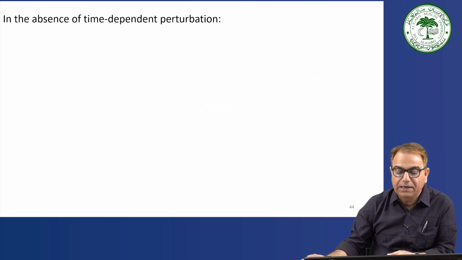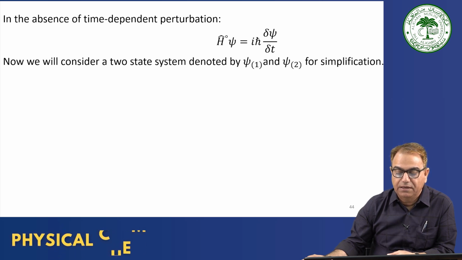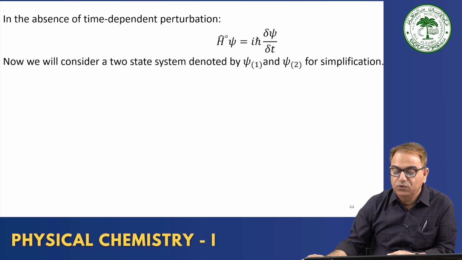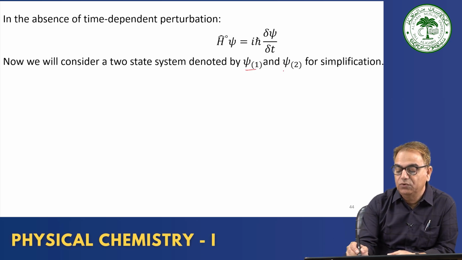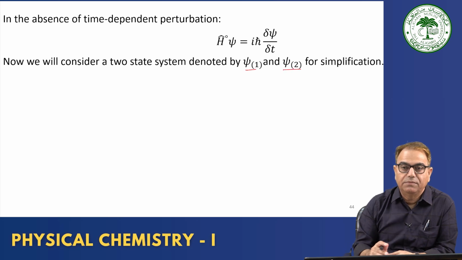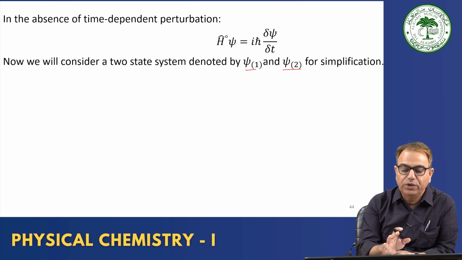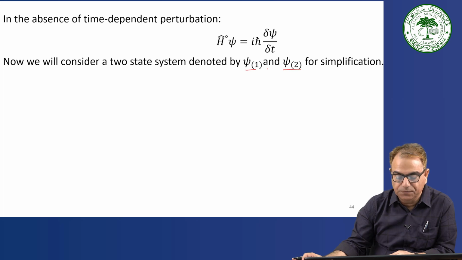In the absence of time dependent perturbation, H naught psi is equal to i h cross del psi by del t. Now we will consider a two-state system. If you have a two-state system denoted as psi 1 and psi 2, we are omitting the possibility that there are many different energy levels. We are just sticking to a two-state system, one designated as psi 1, another designated as psi 2, corresponding to different energies E1 and E2, obviously.